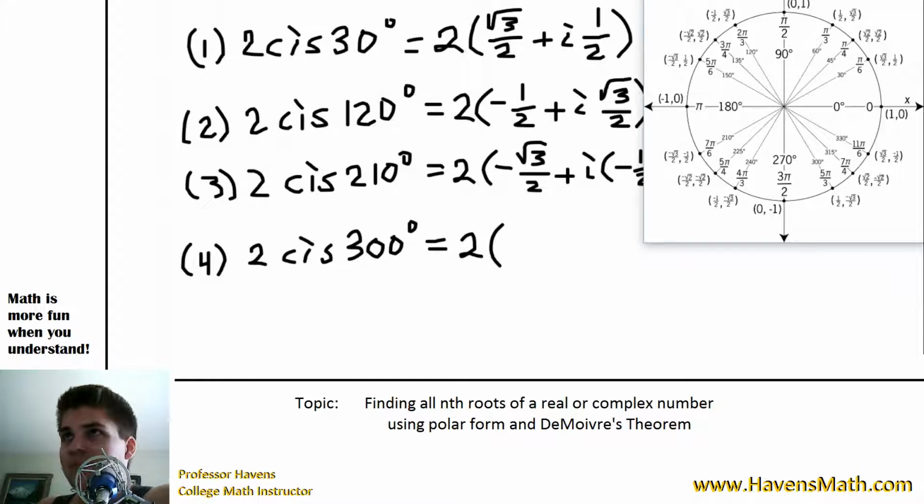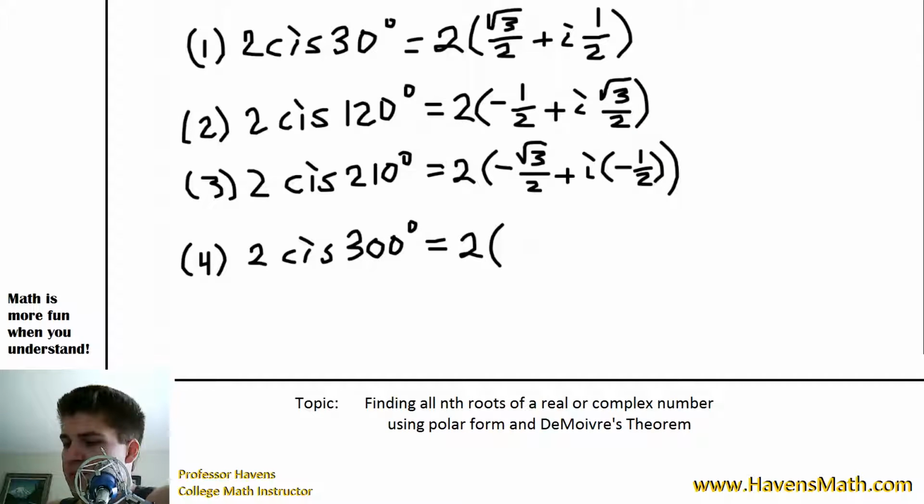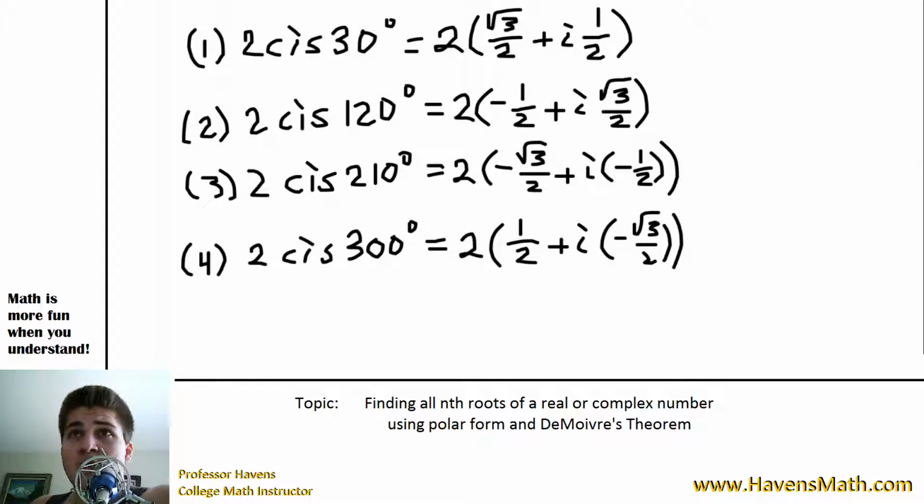But going back, so finally our fourth root will be 2 times CIS 300. 300 is over here. So cosine will be 1/2 and sine would be negative root 3 over 2. So finally we'd have positive 1/2 for cosine plus I times negative rad 3 over 2 for the sine of 300. And these would be all of our roots.